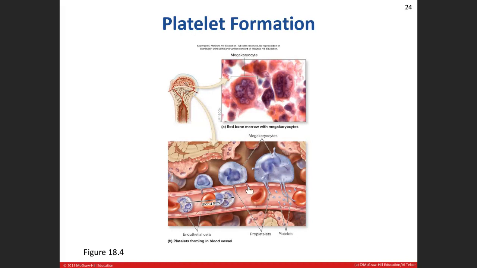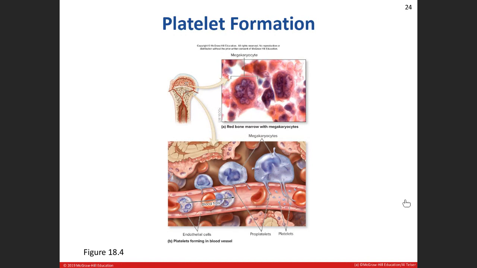It migrates close to a capillary here, and it sticks its long processes in between the endothelial cells here, and then just as the blood is going by, it tears off small pieces of it. So technically, platelets aren't cells; they're just cell fragments. They're not going to have a nucleus. They're not going to have any organelles. They're just parts of this huge, massive cell that gives parts of itself up into your blood flow.